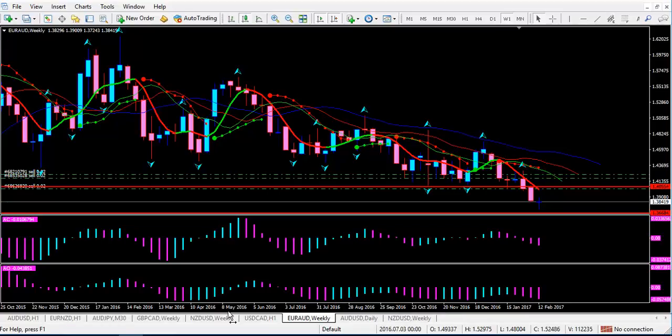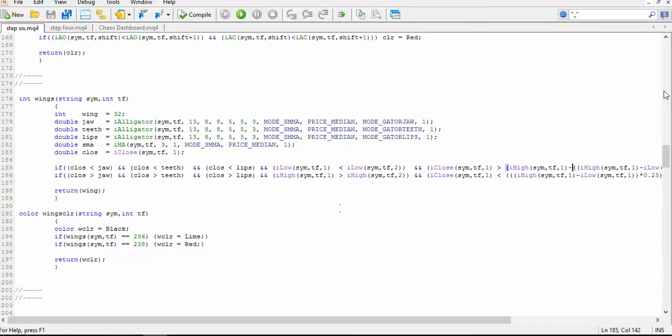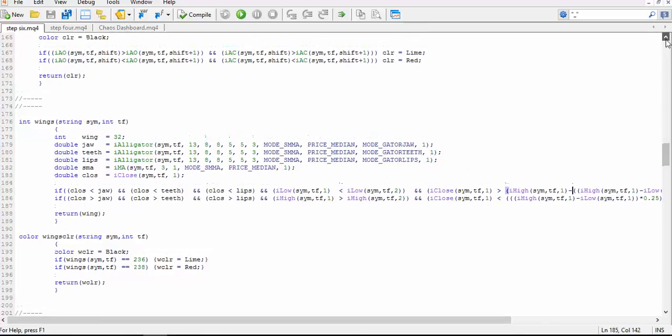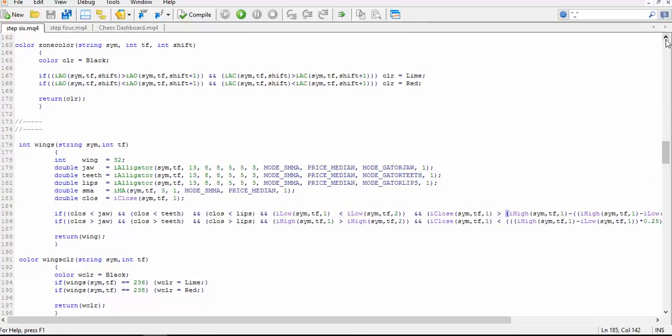Okay, and let's look at the code. The code's going to be quite simple. Well, no, the code is not really quite simple. It's probably going to be maybe the most complicated that we've done so far because of one thing and one thing only. Zone color.